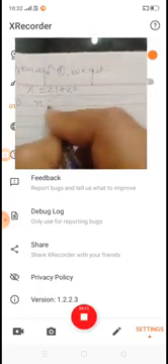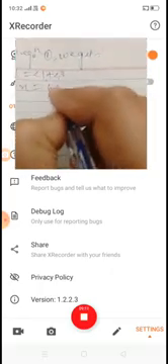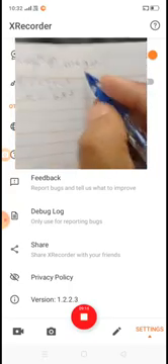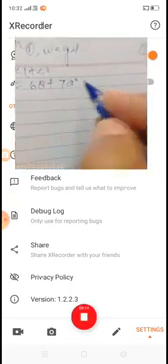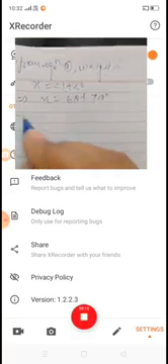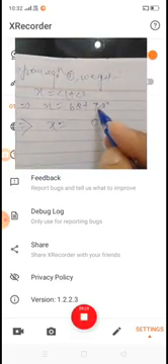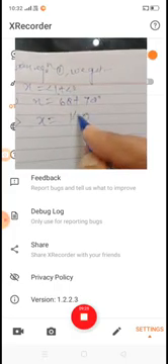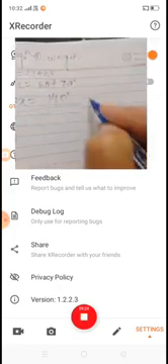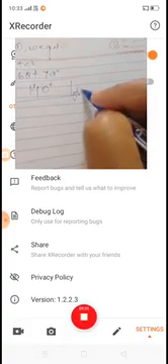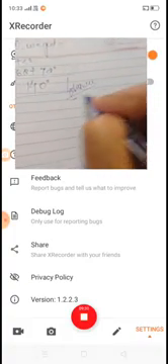So angle x is equal to angle 1, 68 degree, plus angle 2, 72 degree. So we have x is equal to 140 degree. Okay, this is your answer.